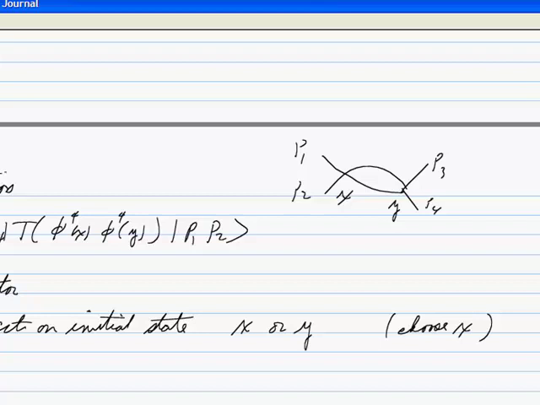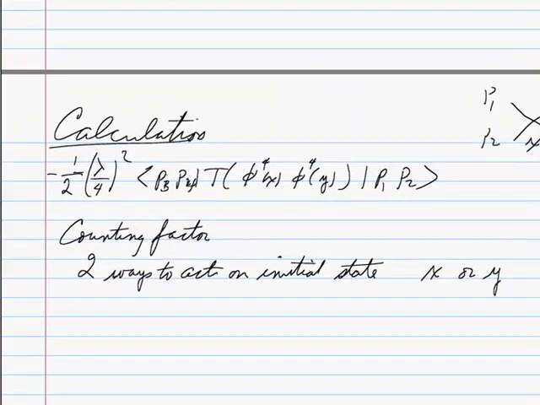Now, I have to annihilate the P1. So I'm taking phi at X and using an annihilation operator to act on P1. There are 4 ways to choose that out of phi to the 4th of X. We've got 4 of them there, so I take one of them and annihilate it.